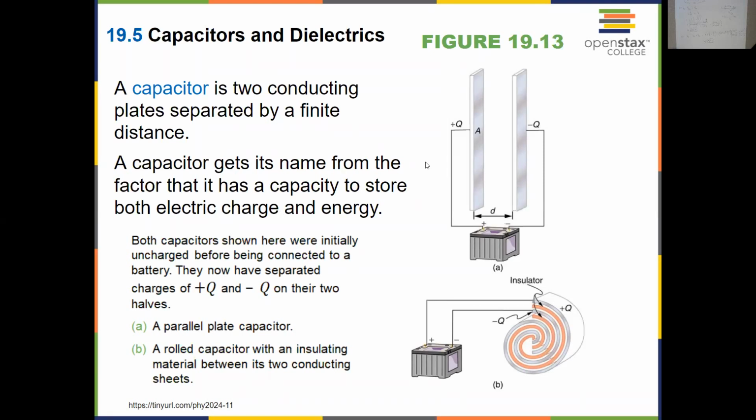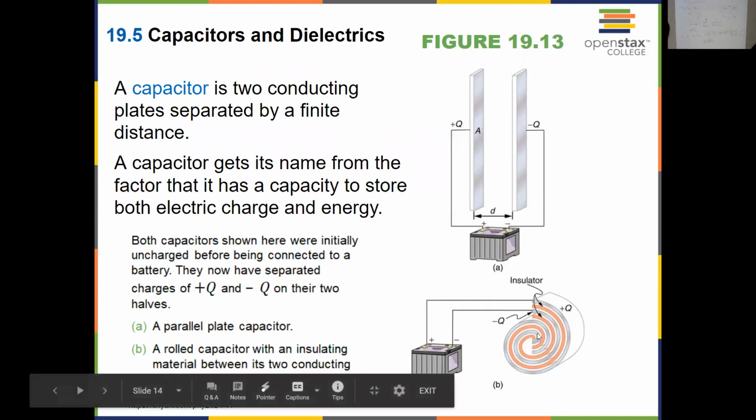There are different forms of electric capacitors. The simplest one would be to put two parallel metal plates facing each other. Then that would be an electric capacitor.